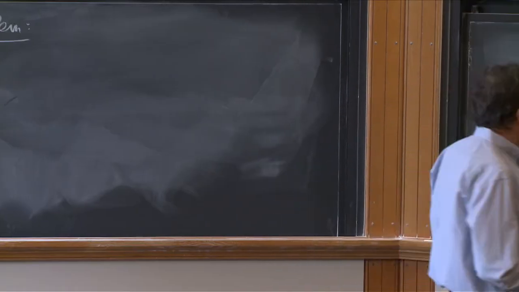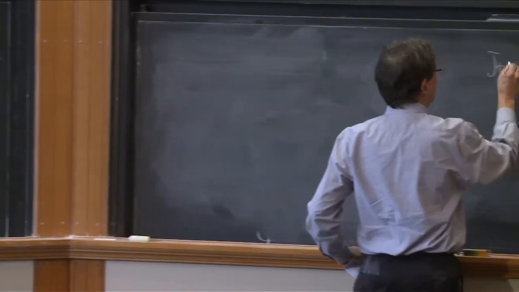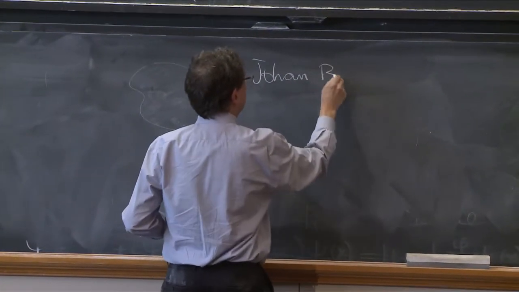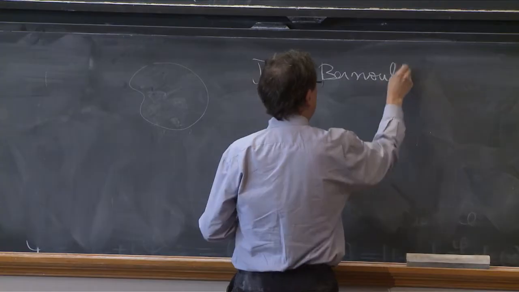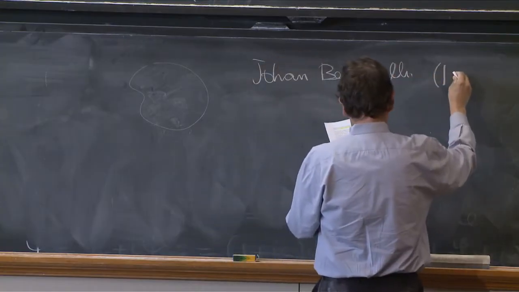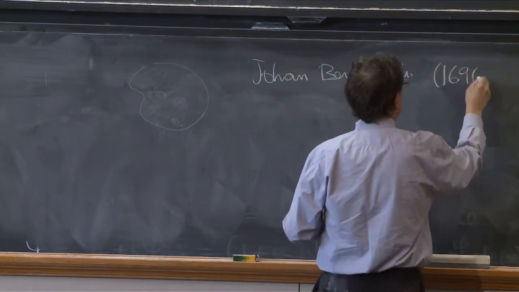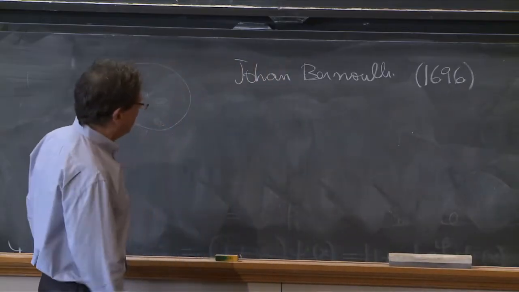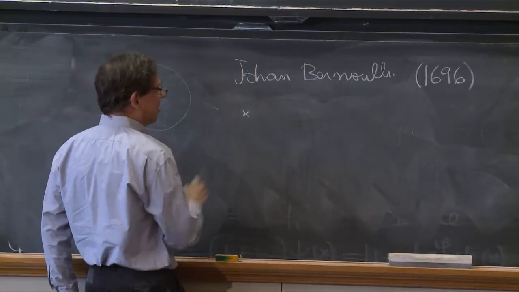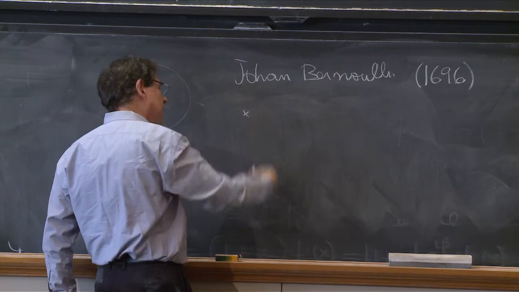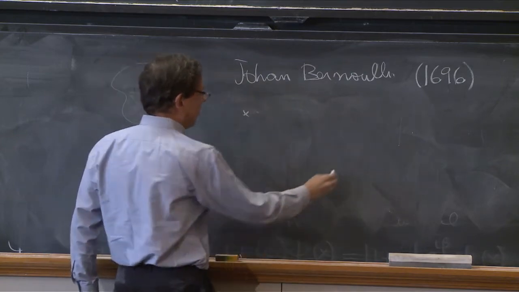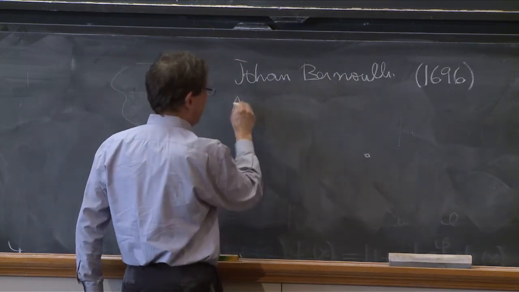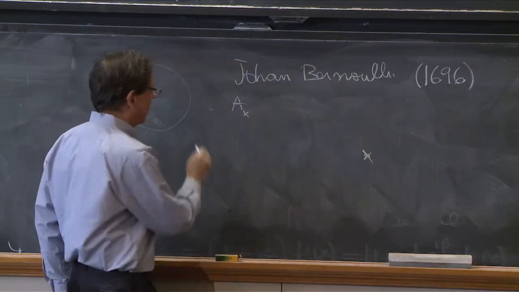So Johan Bernoulli, in around 1696, poses the problem: you're given 2 points in the plane, in the vertical plane, like this blackboard, point A and point B in here.